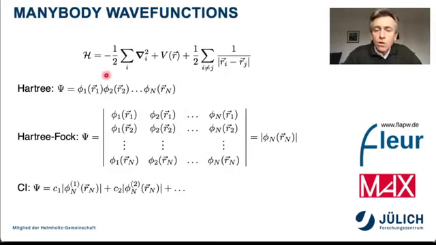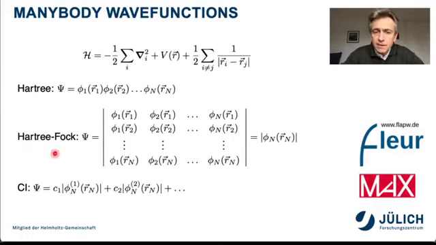In all these theories, of course, we want in the end to solve a many-body Schrödinger equation. And in the quantum chemical world, there are some simple approximations for that. For example, the Hartree approximation, where you make this product ansatz for the many-body wave function.